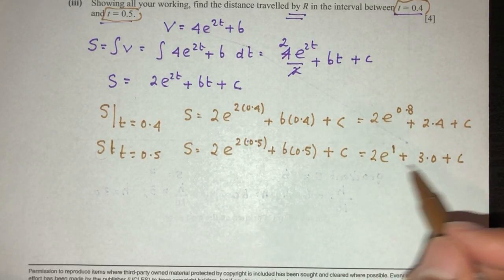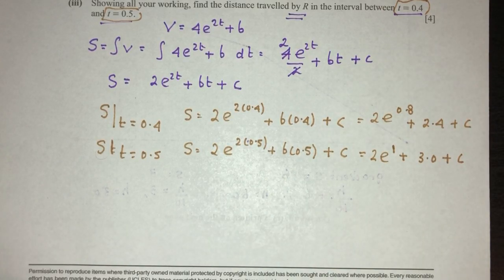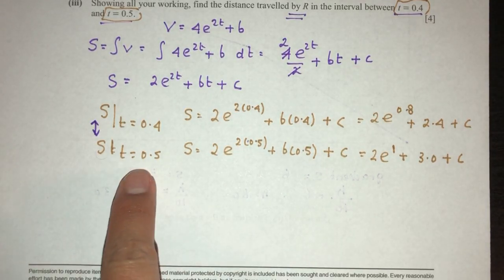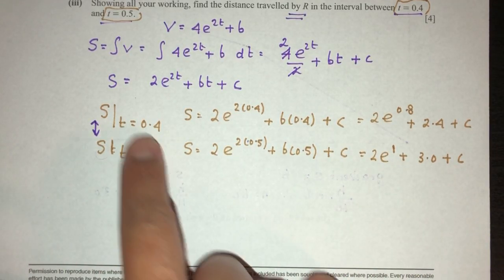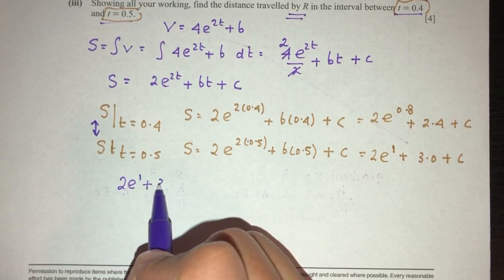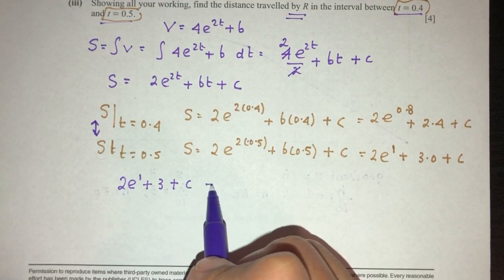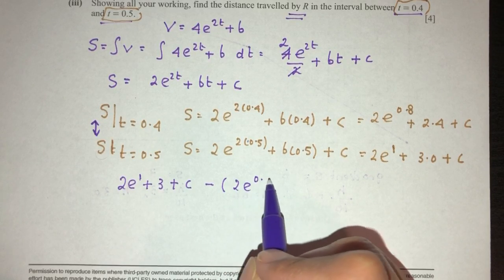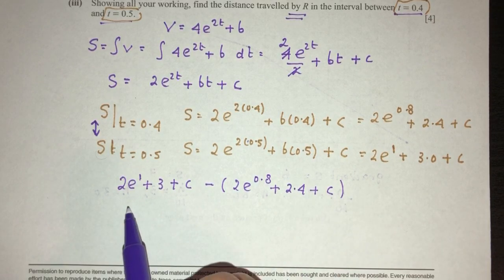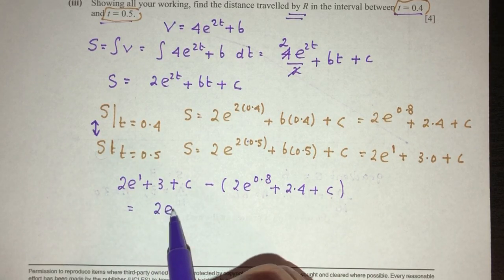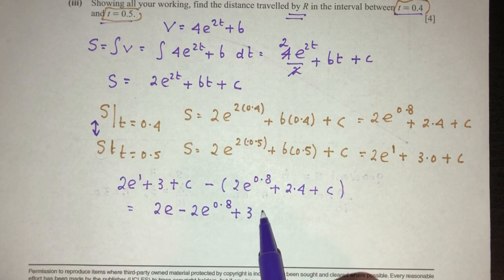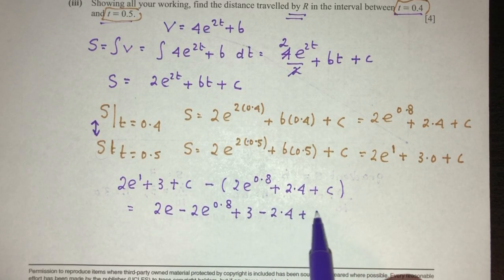So now we have to take this value minus this value, because we want to find the distance traveled between those two times. So we have to find the distance here, which is this value, minus this value. So 2 this plus 3 plus c minus this value. Expand, you will have 2 exponential 1 minus 2 exponential 0.8 plus 3 minus 2.4 plus c minus c.